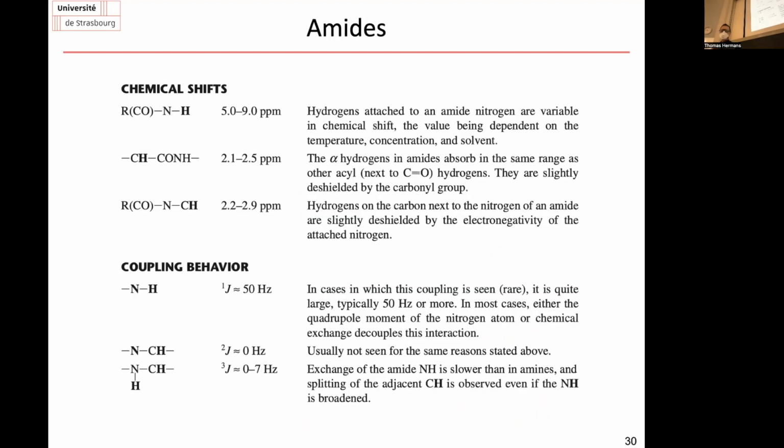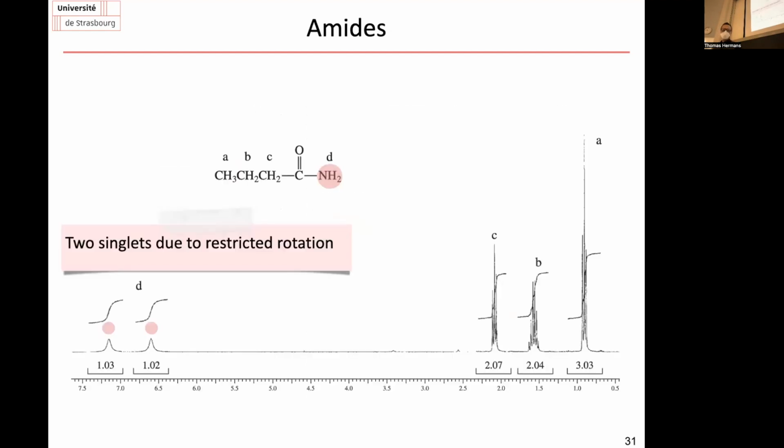Okay, amides, very important in, for example, peptides or in proteins. Let's look at those. So here you actually get an interesting effect. So the 2 protons that are here, they are actually in this molecule a bit restricted, so they cannot rotate as free as you would expect.